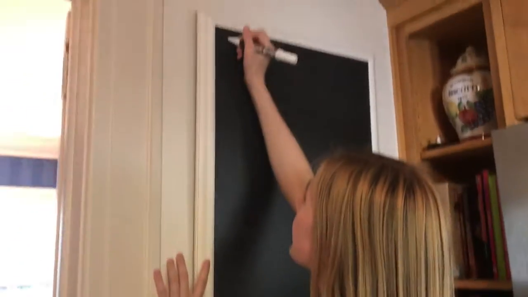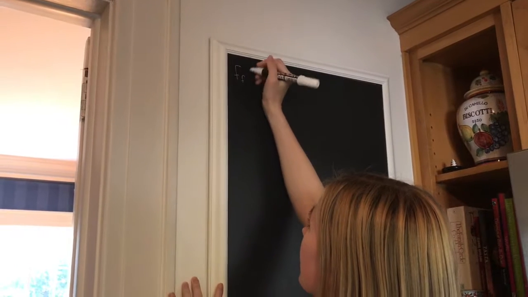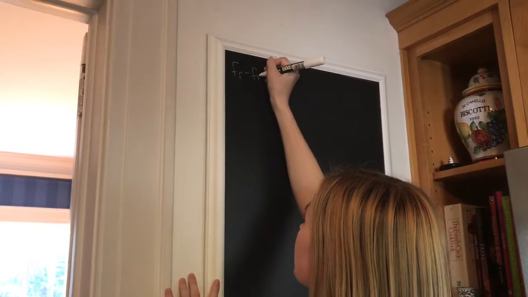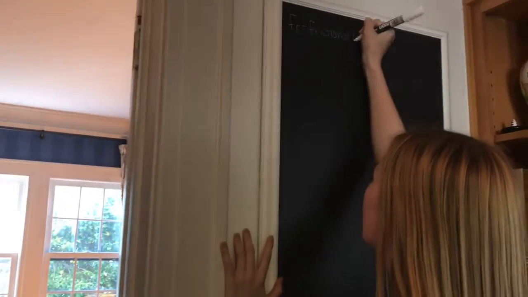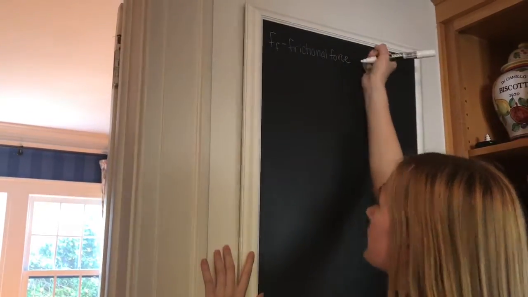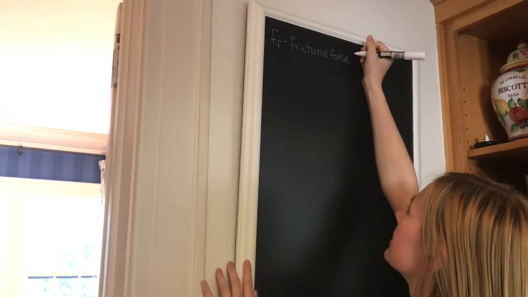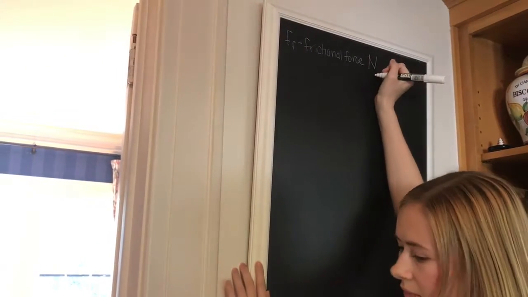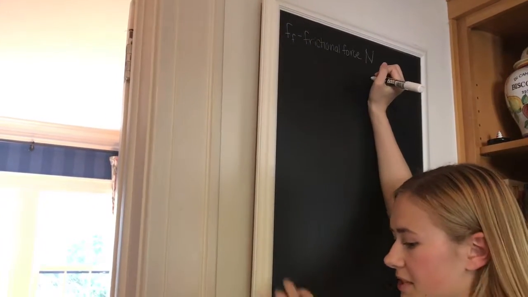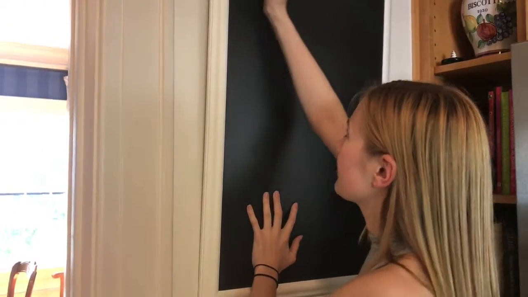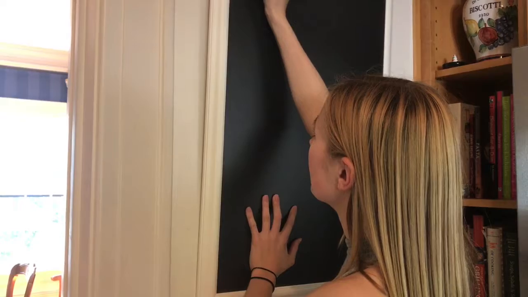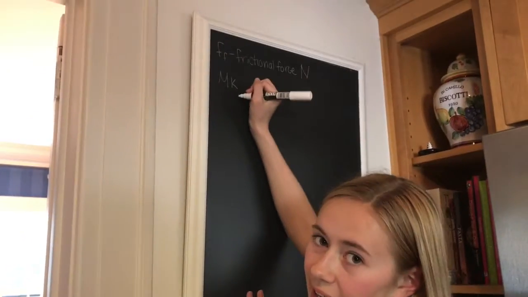To start, here are the different variables we will be working with. The first is F, also known as the frictional force. The unit for this is newtons. The next variable is mu K, which we just talked about. It's the coefficient of kinetic friction. That is the K for kinetic.